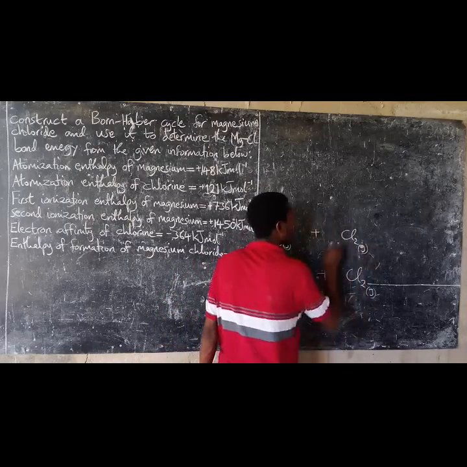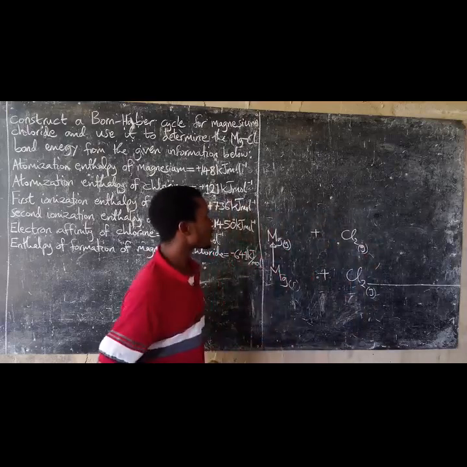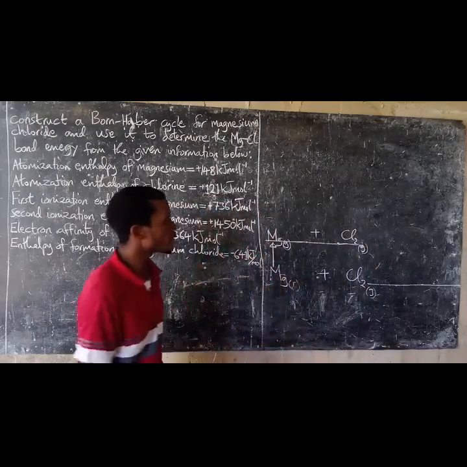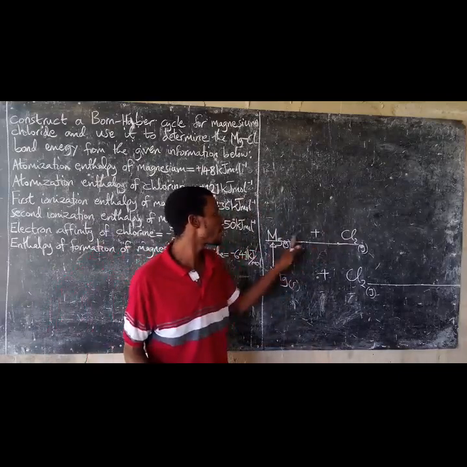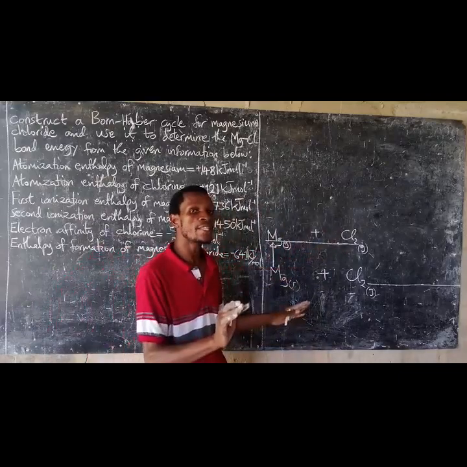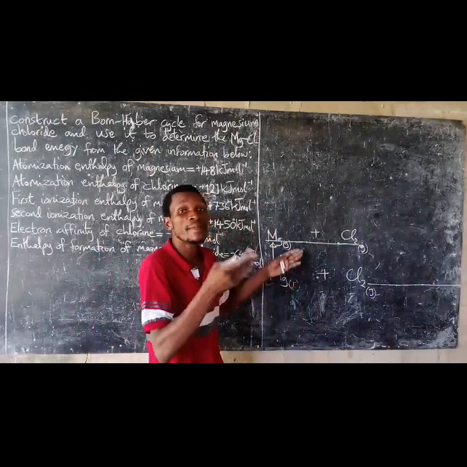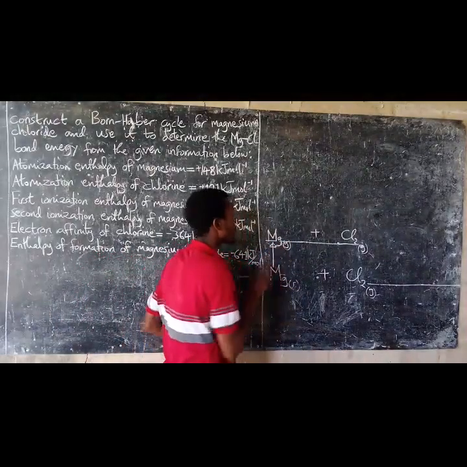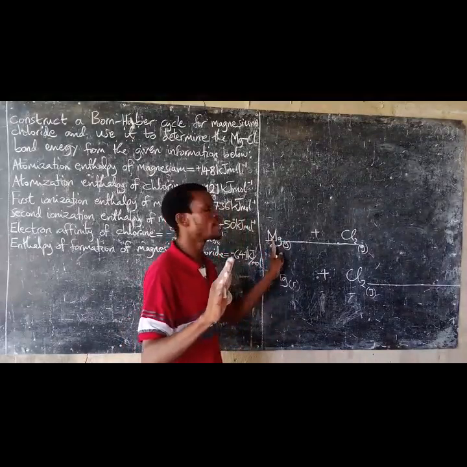Plus chlorine. Then you draw a horizontal straight line to indicate that these chemical species are in gaseous form, in the same energy level. Then magnesium has not reached an extent to react.